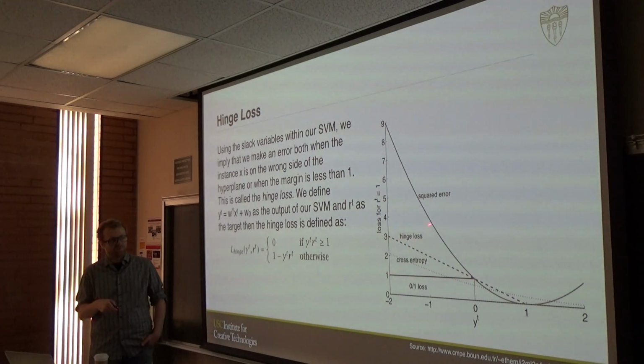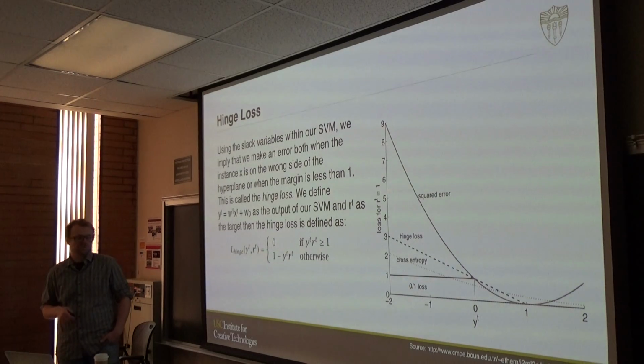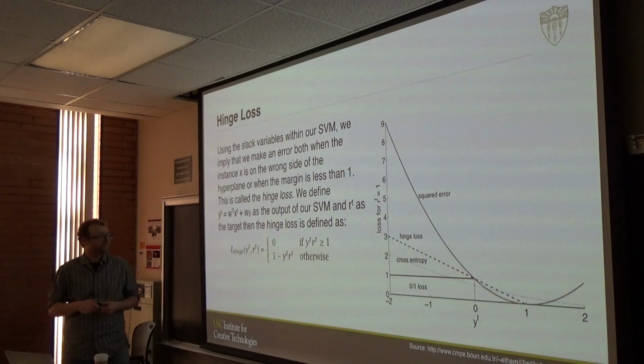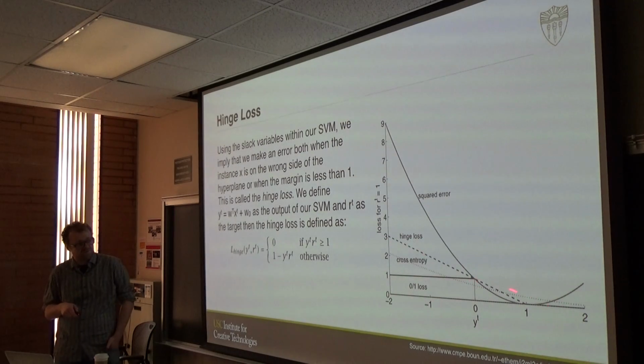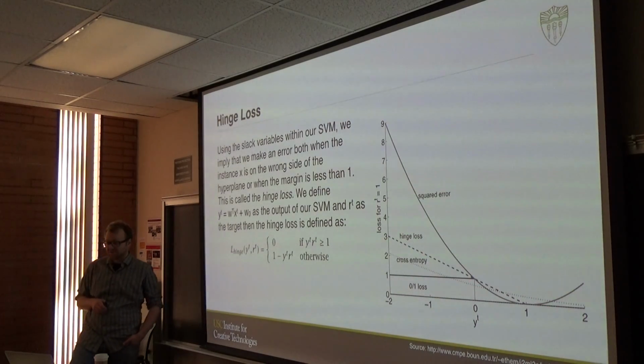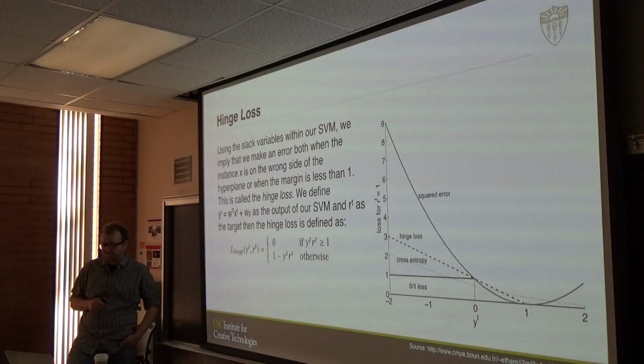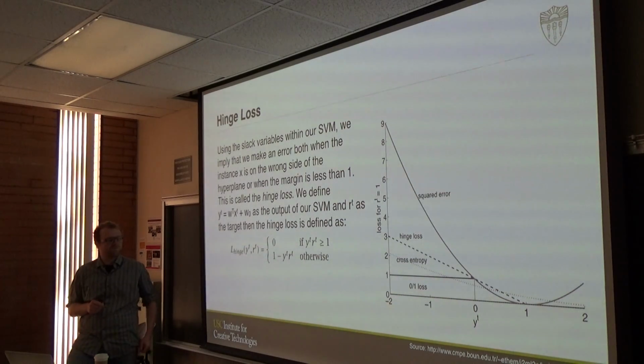Hinge loss is easier to compute and more efficient. And then the hinge loss is defined as such, but you can see it visualized there pretty easily. Okay, so we can leave it at that for the moment.